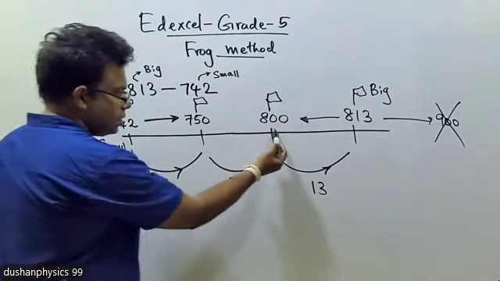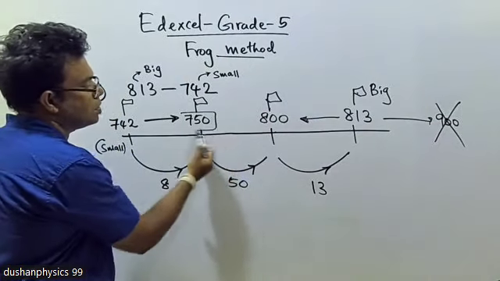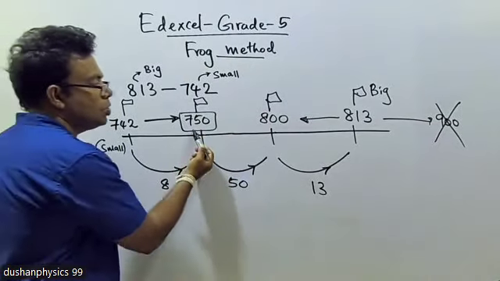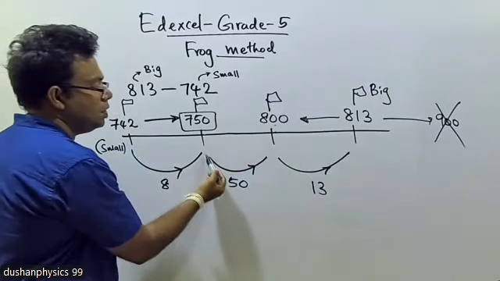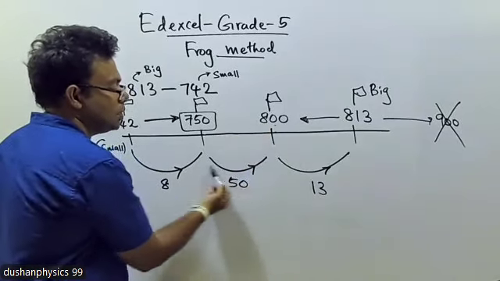Right now I have stopped somewhere here at 750. In order to reach 800 from 750, what is the amount that I have to add?